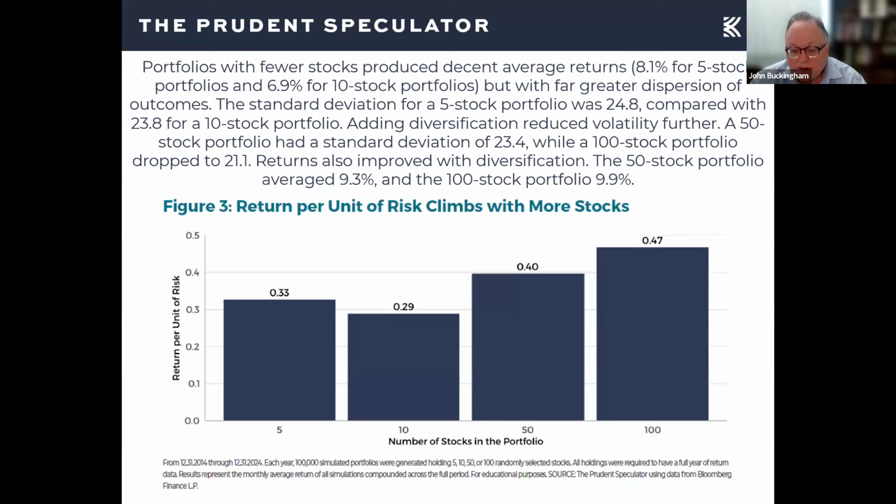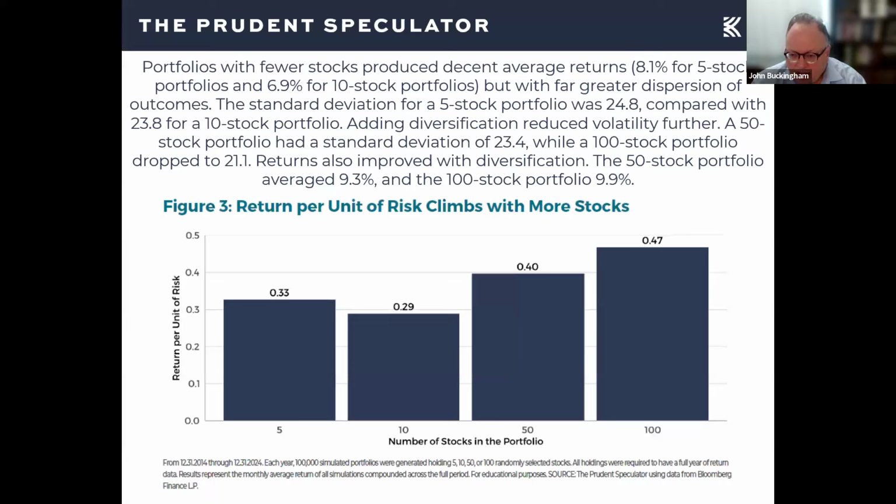So Chris Quigley on our team crunched numbers and looked at various portfolio sizes. These were randomly assembled, and he did 100,000 simulated portfolios with 5 stocks, 10 stocks, 50 stocks, and 100 stocks. What he found was that the more stocks you had, the better the return, and the better the return per unit of risk.